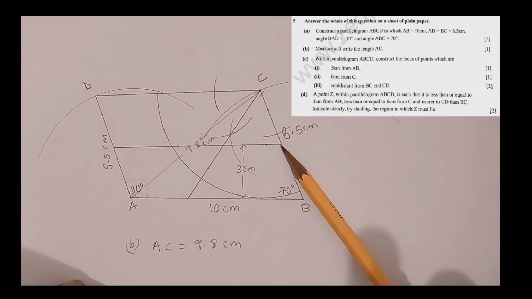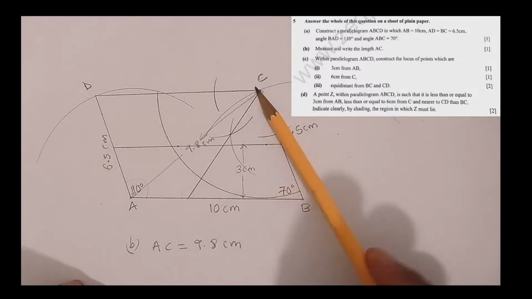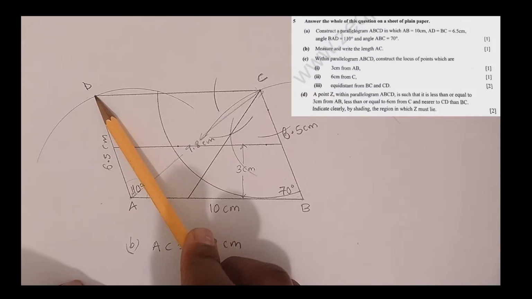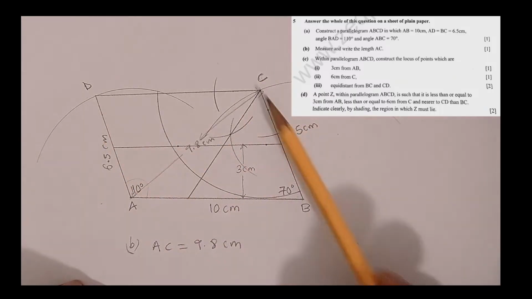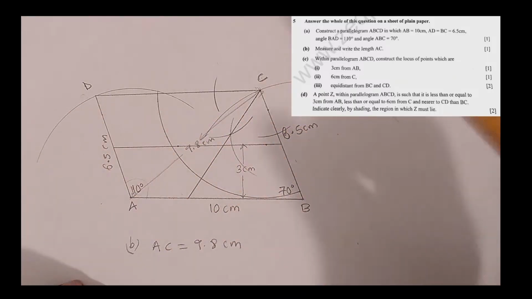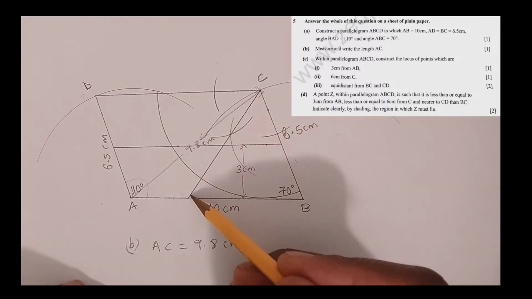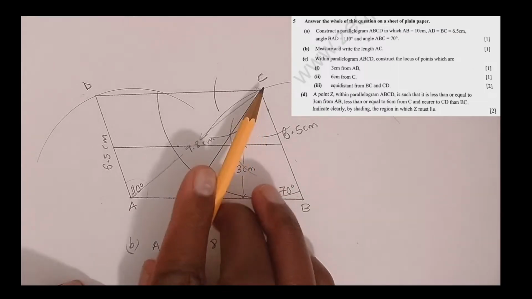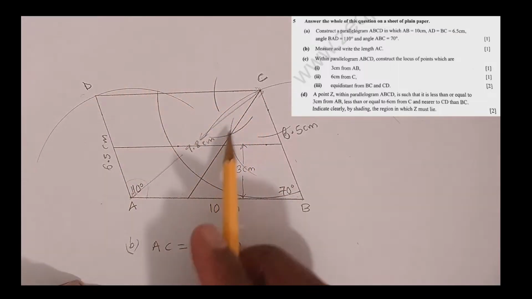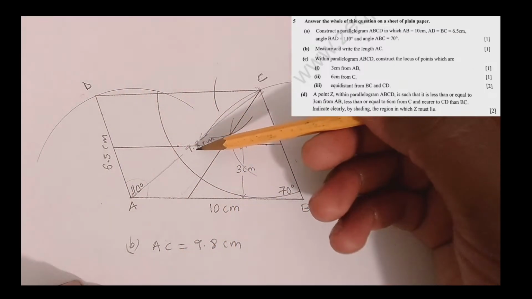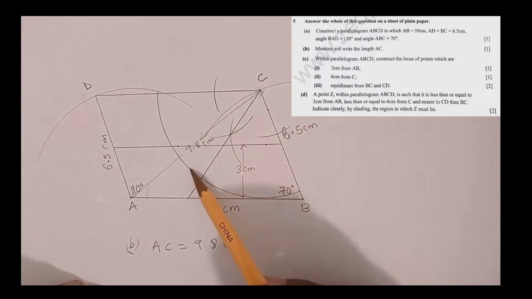But wait a minute, it says it is nearer to CD than to BC. So if it is nearer to CD, remember the bisector is this line here. So if it is nearer to DC, it is on the other side of this line, but it is less than 3 centimeters and less than 6 centimeters.